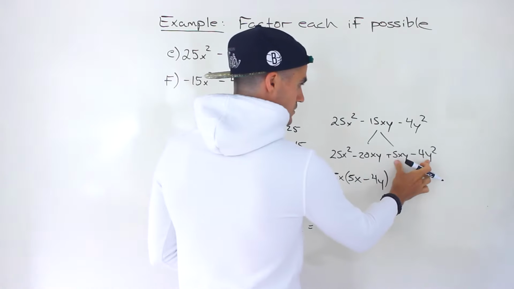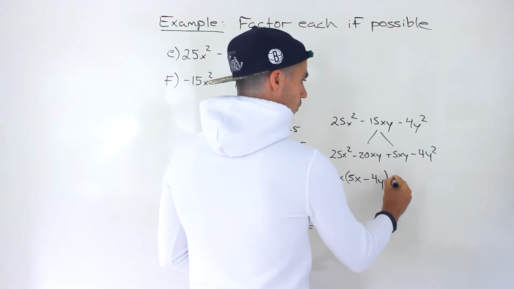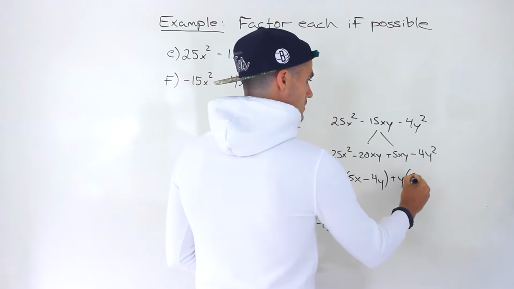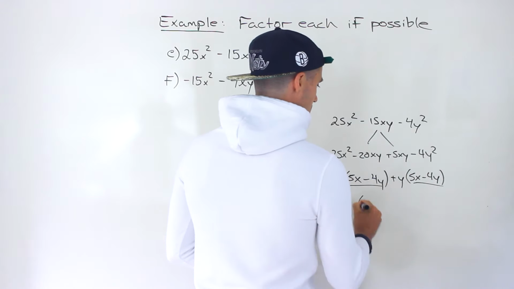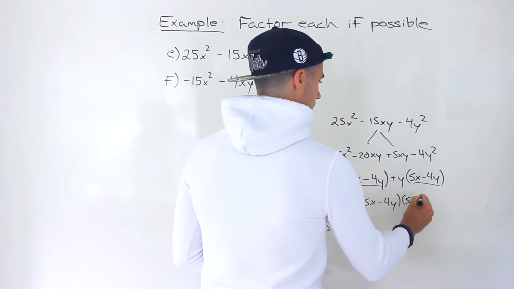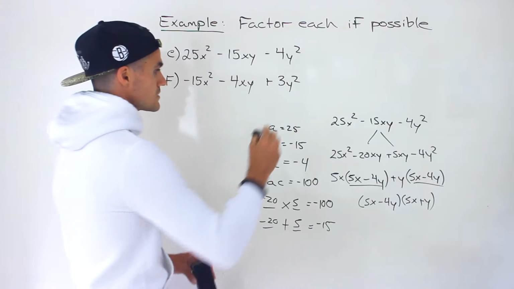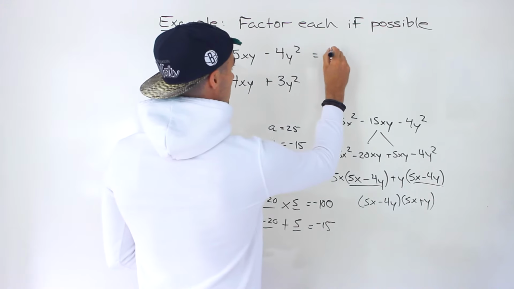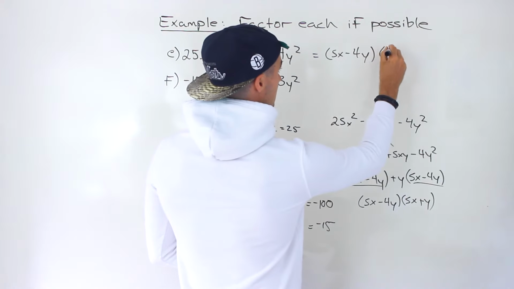And then from these two, between the 5 and the 4, we can't take anything out, but we could definitely take out a y. And then when we do, we'd be left with 5x minus 4y. Same bracket. We could take out that same bracket, and we end up with those two brackets. So that ends up being the final answer for part E.